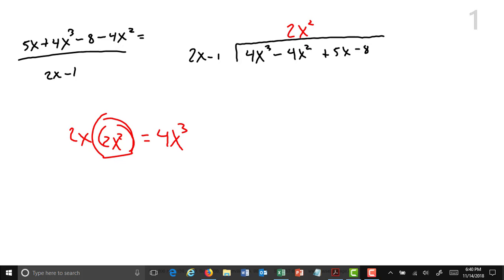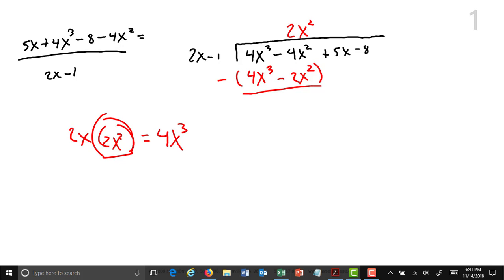So what do I do now? I multiply. What's 2x squared times 2x? Well, we just said what it was. It's 4x cubed. I did that on purpose, by design. How about this one? That's going to be minus 2x squared. Now, when I do division, I subtract. Be careful, because I'm going to subtract this whole quantity, so I put a negative sign here.